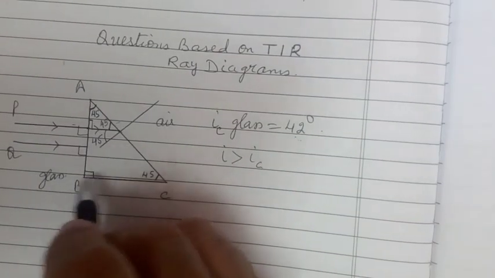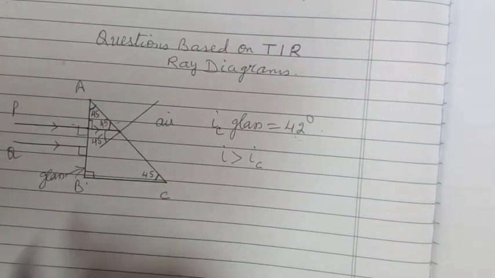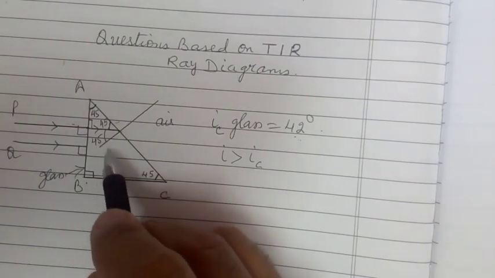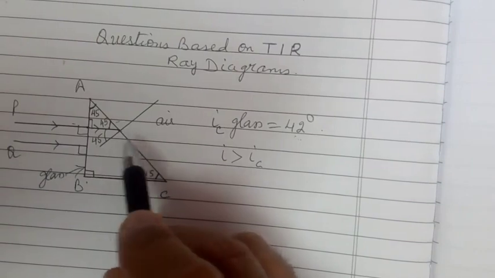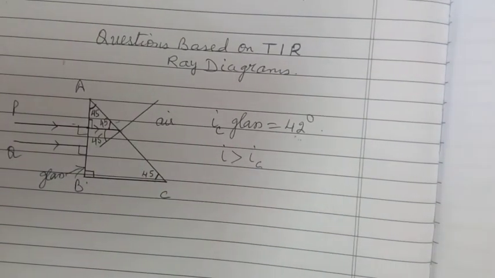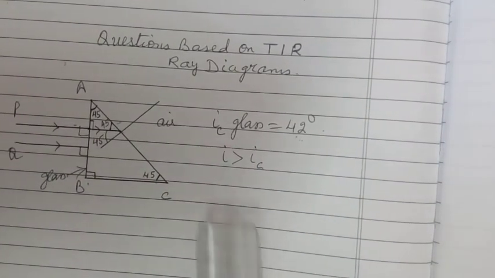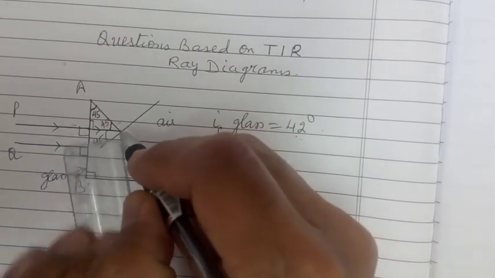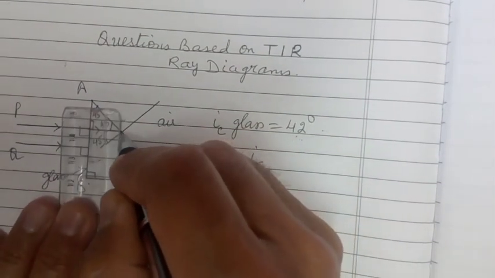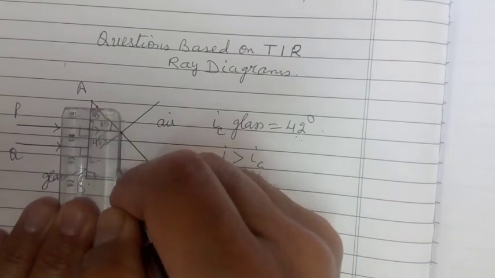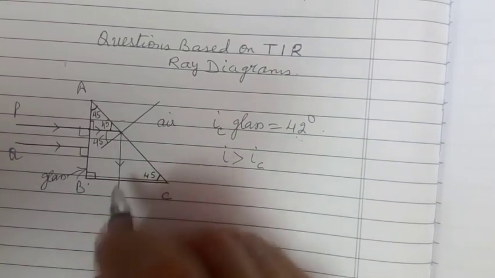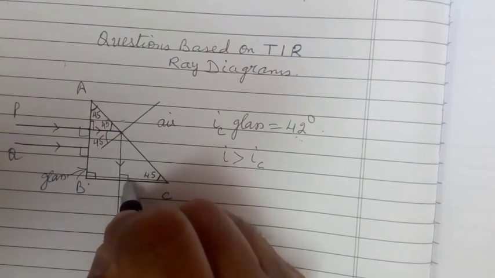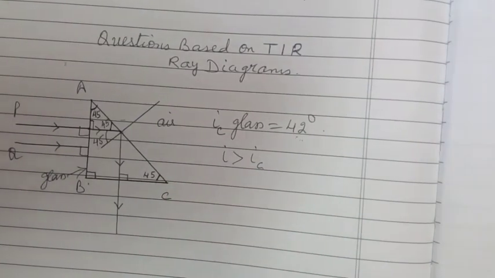This prism is made up of glass, so the angle of incidence is more than the critical angle, so the ray cannot go out. The ray will get totally internally reflected from this point. So the ray gets reflected over here like this, and this ray strikes this side BC again at 90 degrees and goes straight like this.